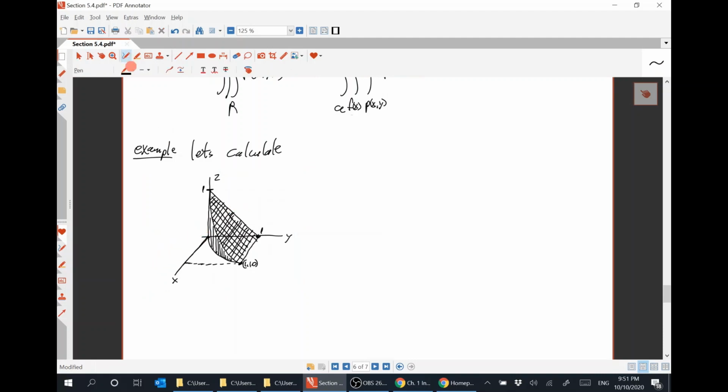So this is our region R. So let's calculate the triple integral over R of just z dV, in 2 different ways.